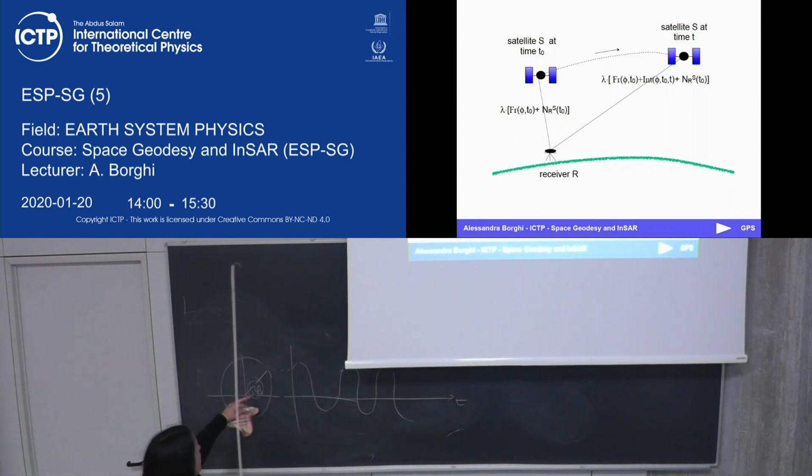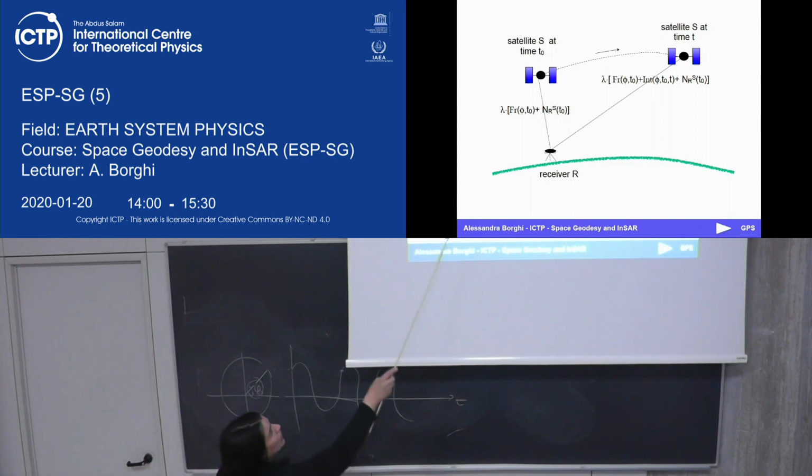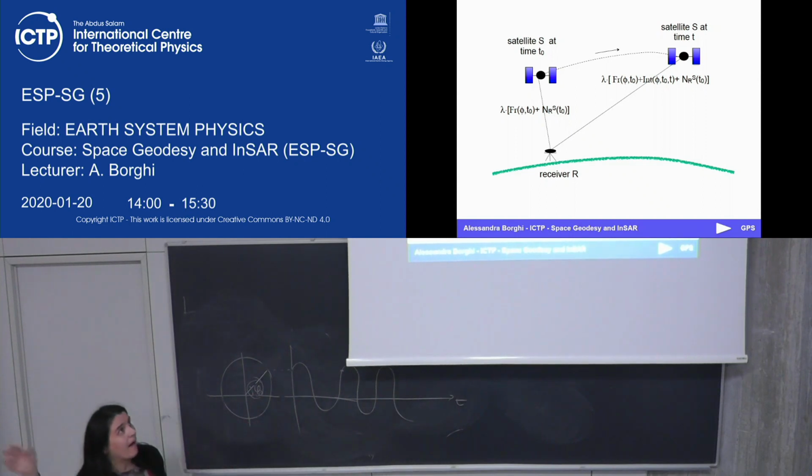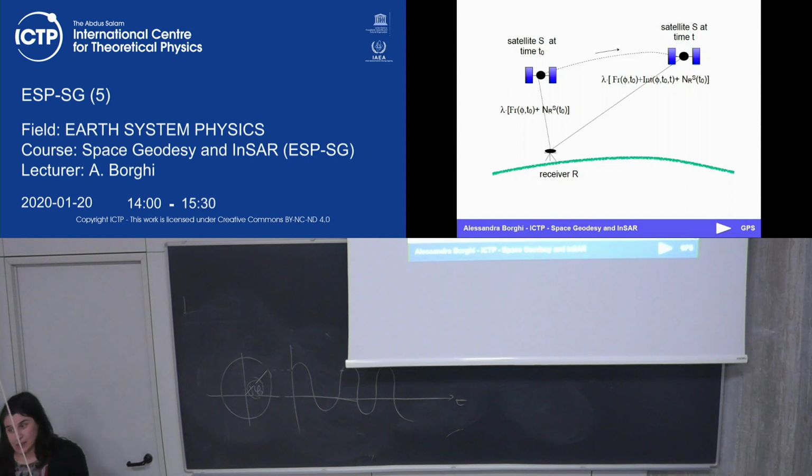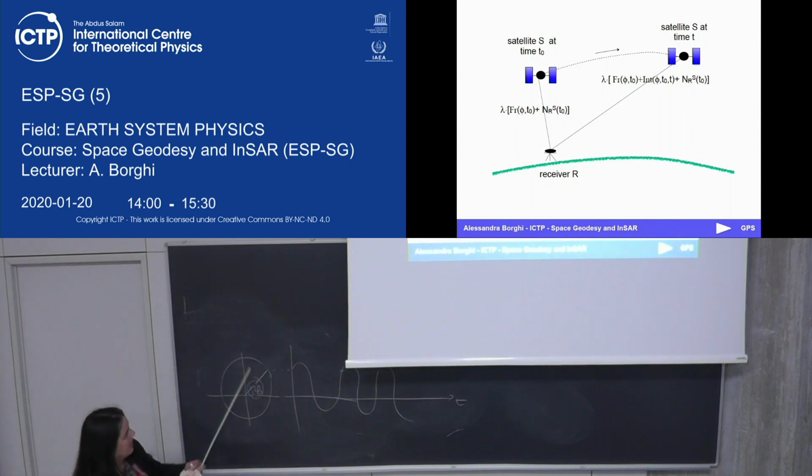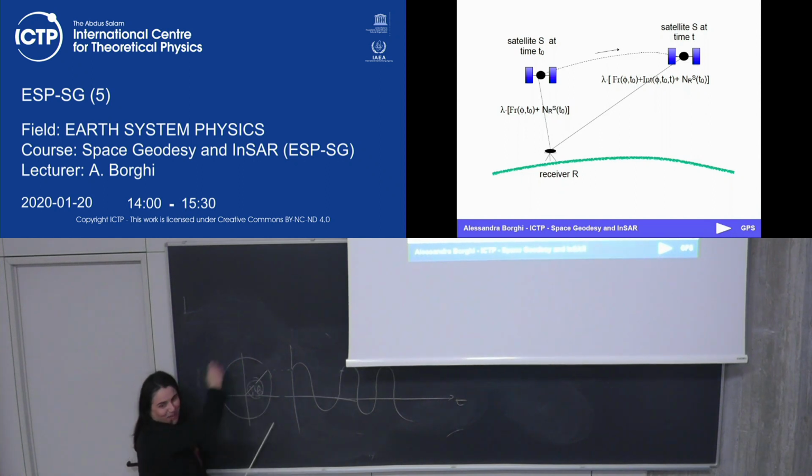It means just one part. But we know that the signal arrives from the satellite. So the distance between satellite and receiver has been covered by an integer number of cycles. We don't know how many times we have run around this circle.